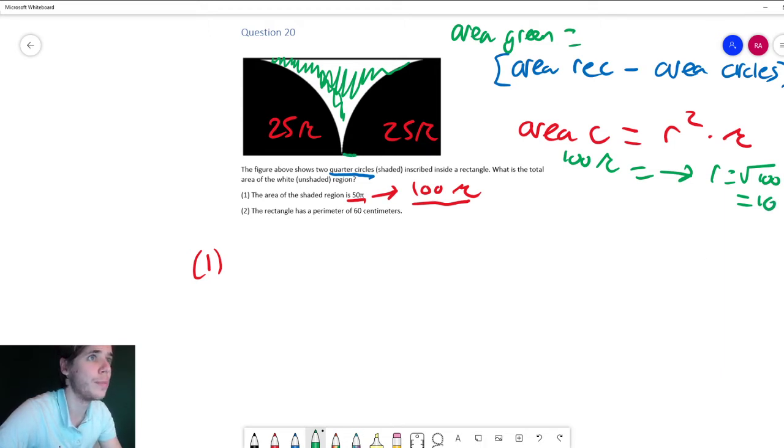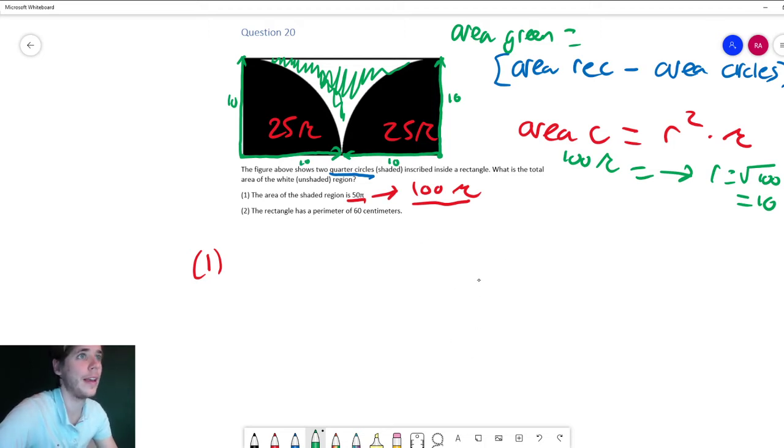From the middle of the circle to the end of the circle is 10, the radius. The same, of course, for this one. Radius is 10. This one is also the same, this one is 10, and this one is also 10.